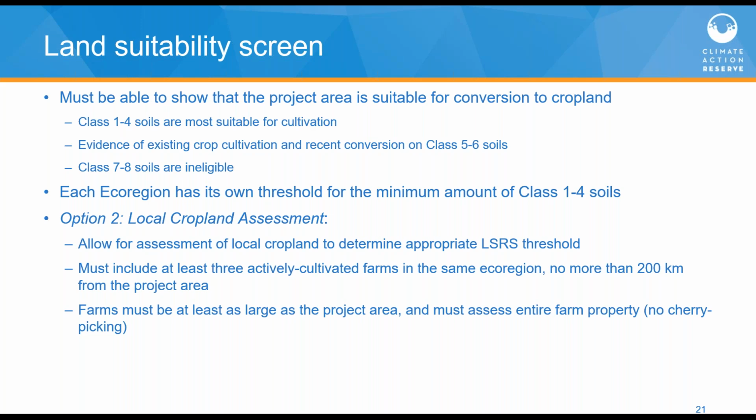So what we've done is we've looked by ecoregion and assessed existing cropland over a several year period against the CLI, because there was so much good coverage for the CLI data, and determined within that ecoregion what percent of cropland is on class 1 through 4 soils and what percent is on class 5 and 6 soils.